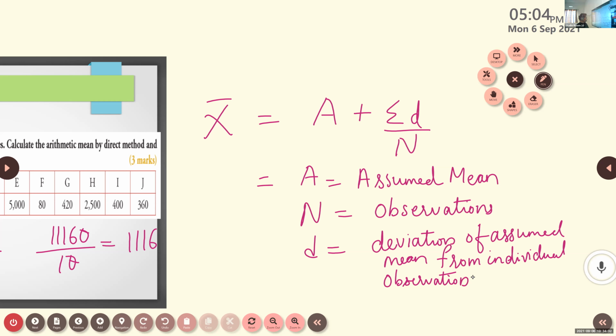D is equal to the deviation of the assumed mean from the individual observation. So how to get D? That is equal to X minus A.